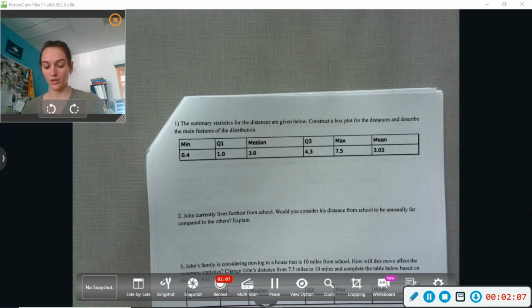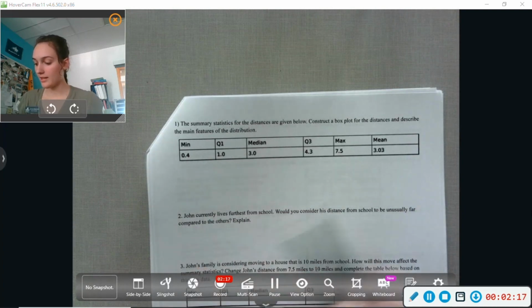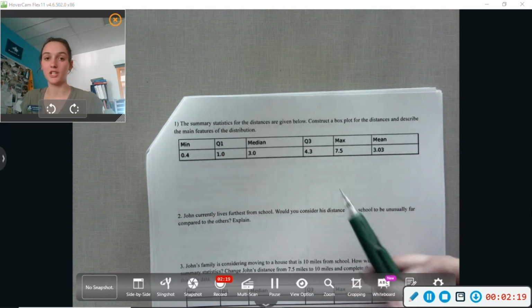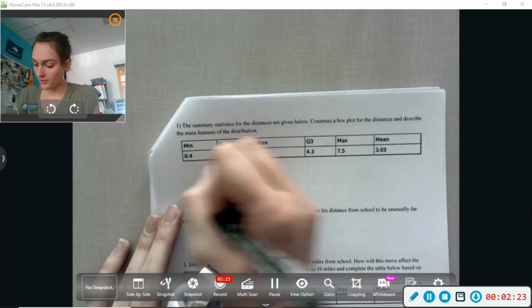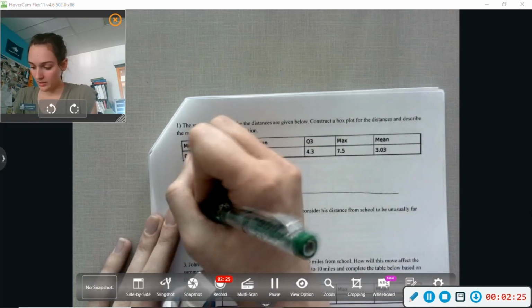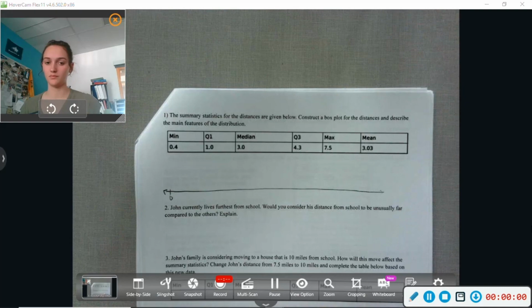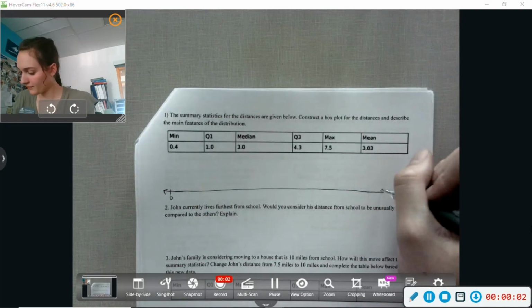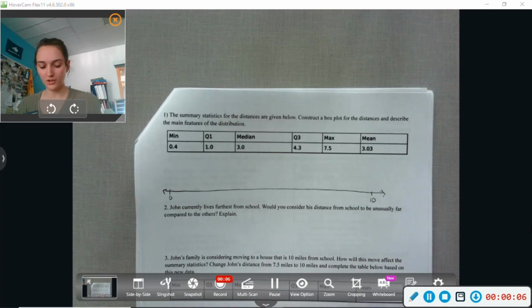So the first thing we want to do is construct our number line. They tell us the minimum is 0.4 and the maximum is 7.5, so we need to make sure those fall on our box plot. So I'm going to go from 0 to 10.